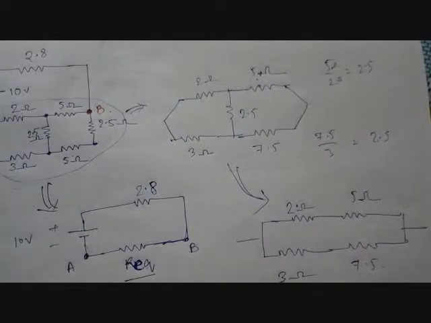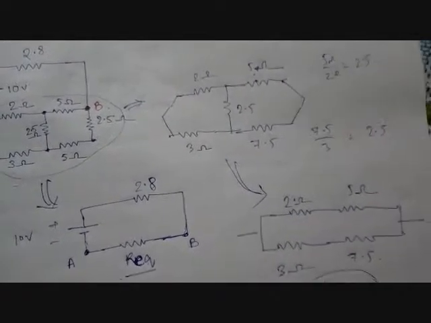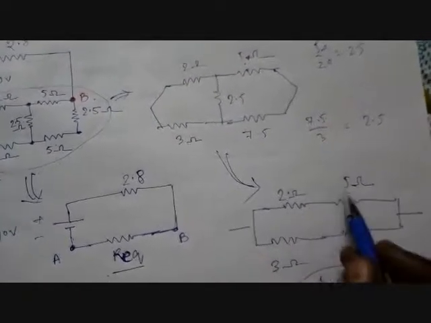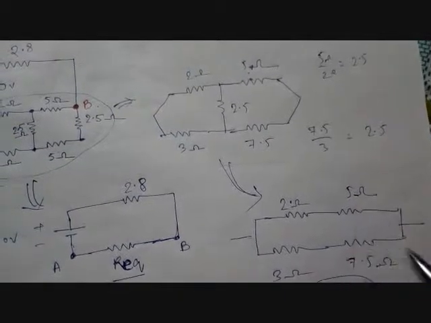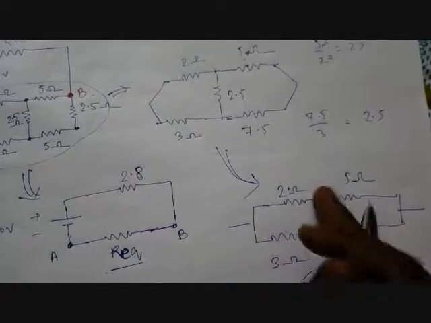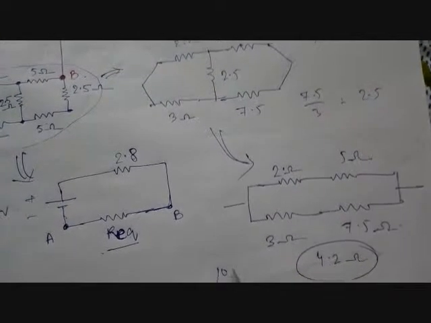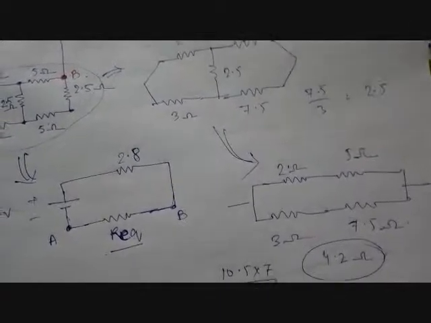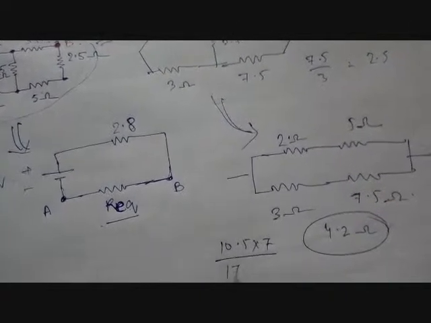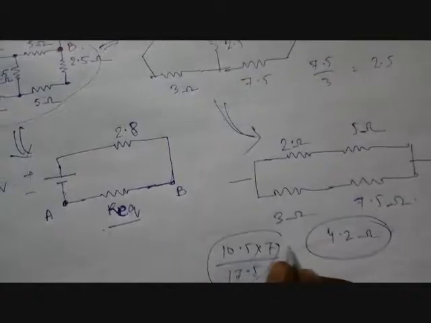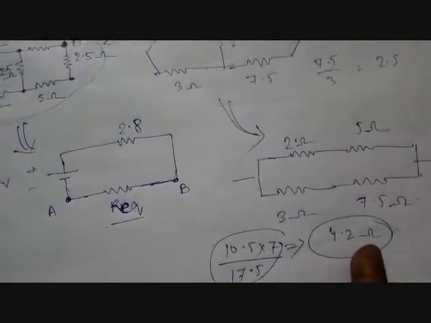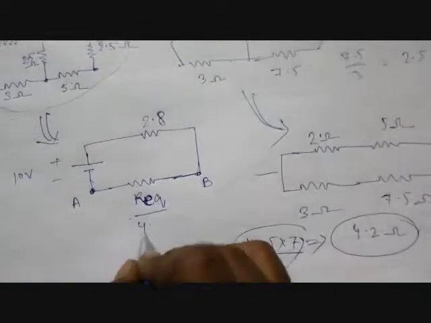That will give you roughly 4.2 ohms. How? Simple. 2 plus 5 gives 7. 3 plus 7.5 gives 10.5. So 10.5 multiplied by 7 divided by 17.5. So R equivalent is equal to 4.2 ohms.